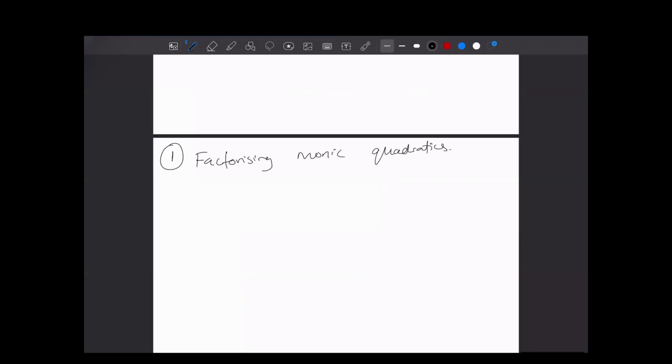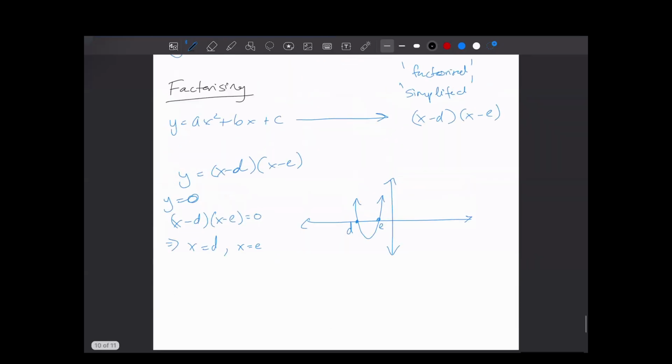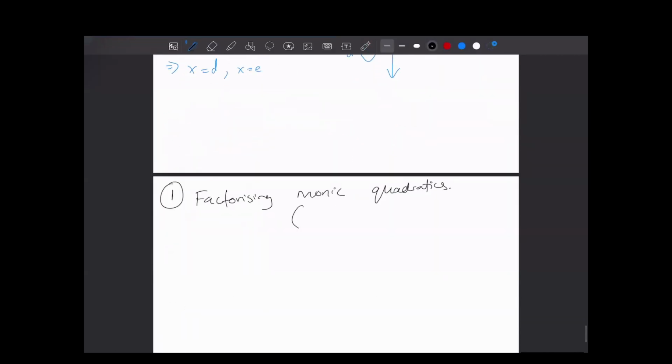So what I mean by that, actually, have you heard this before? If I say monic quadratic, what do you think this might mean? It's a quadratic that doesn't have a number in front of the x squared. Very good. Or another way to say it is it's a quadratic where this a equals 1. Yes, exactly right. So we just have x squared plus bx plus c.